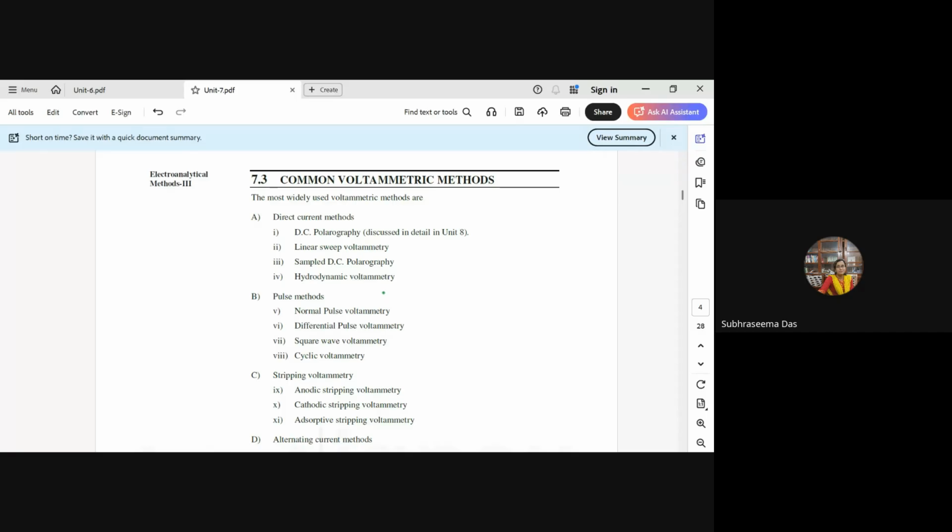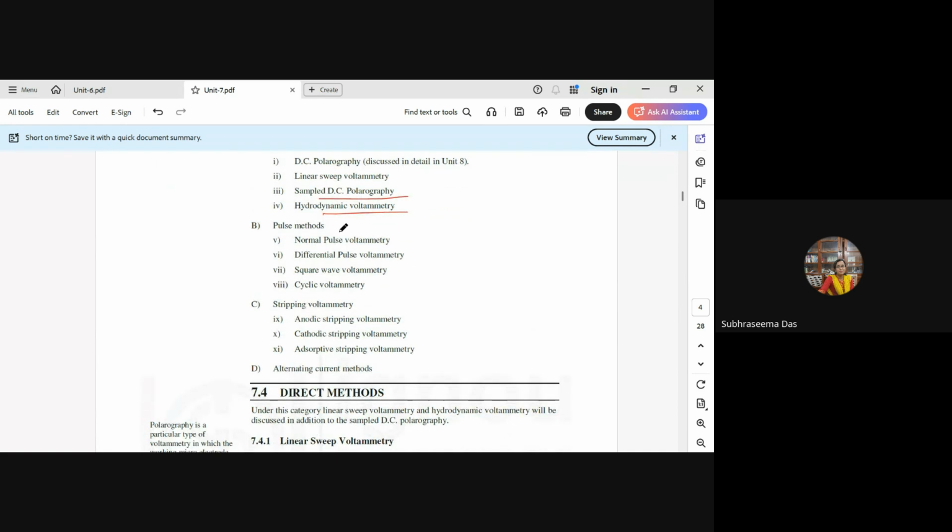So the widely used voltammetric methods are direct current methods, that is DC polarography, linear sweep voltammetry, sampled DC polarography, hydrodynamic voltammetry.